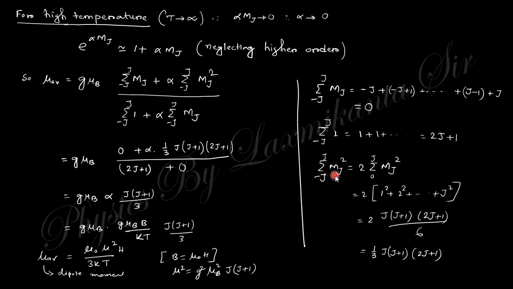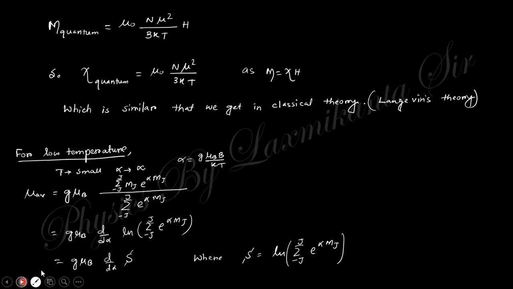And the summation of mj squared is 2 times the sum from 0 to j of mj squared. If you put this expression in and put in the value of alpha, you will obtain these things. And this is similar to the classical Langevin theory. So finally you obtain these things.